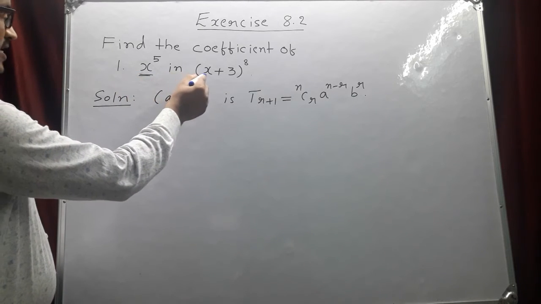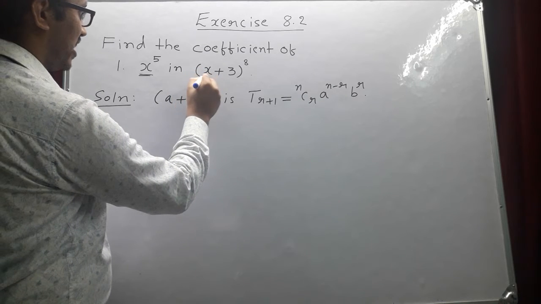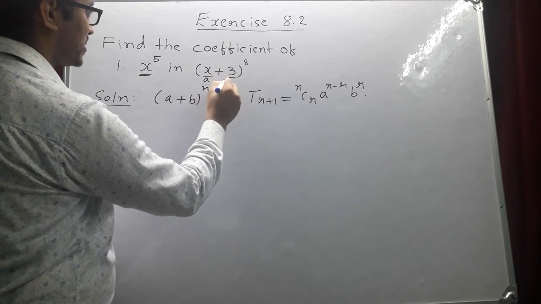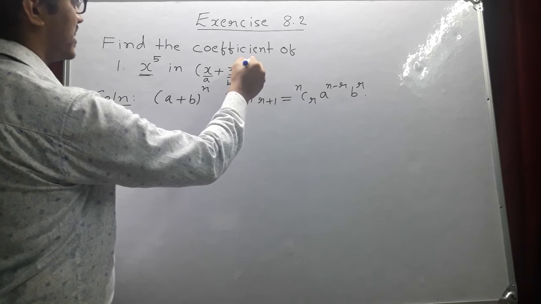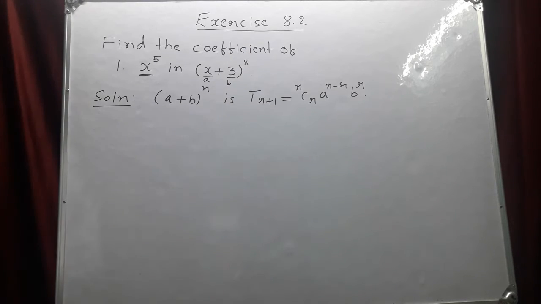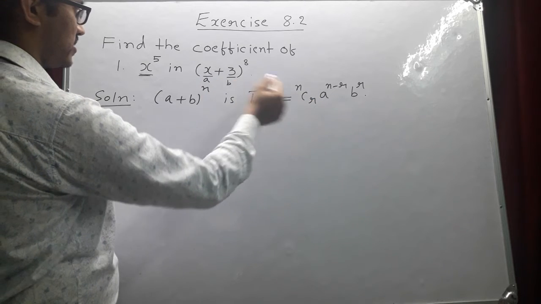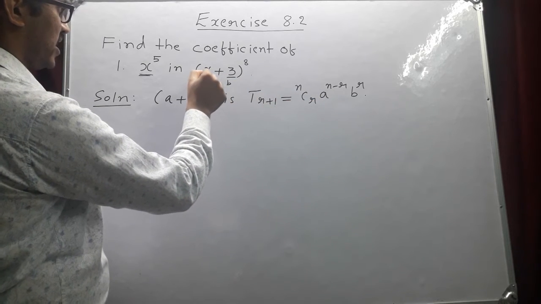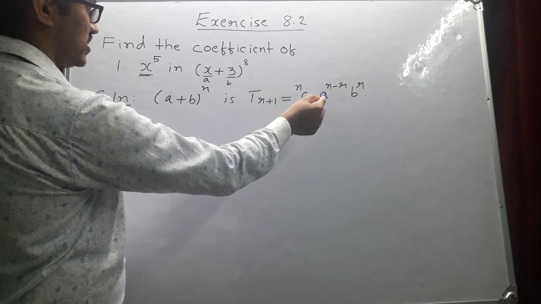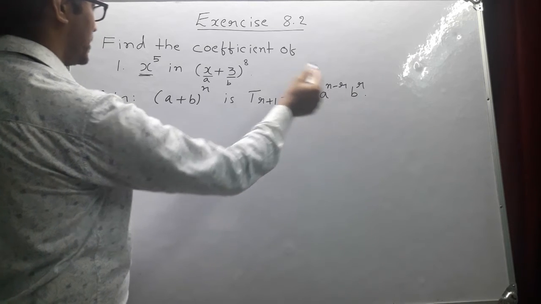So if you compare here, we can take the a value as x, the b value as 3 and the n value as 8. So what have they given? In place of a, what do we have? x here. So see here, the power of a is n minus r.